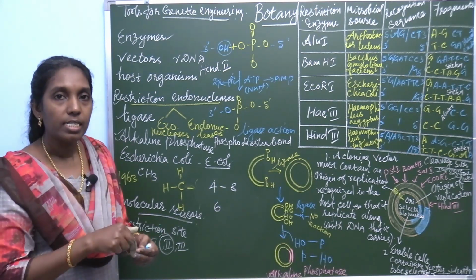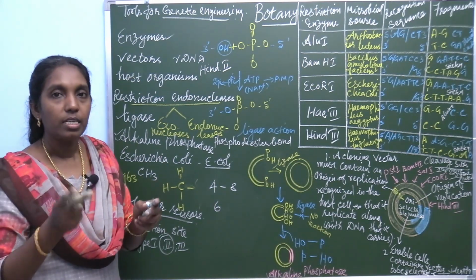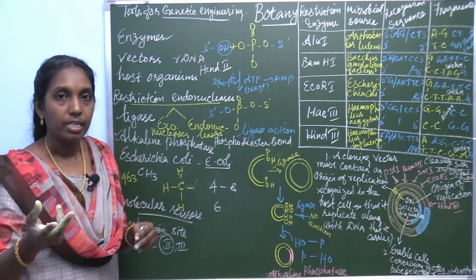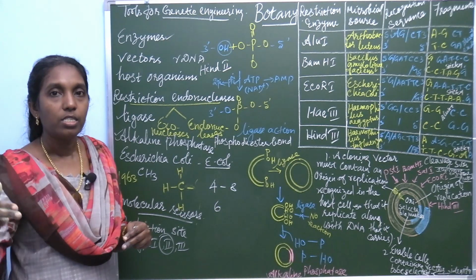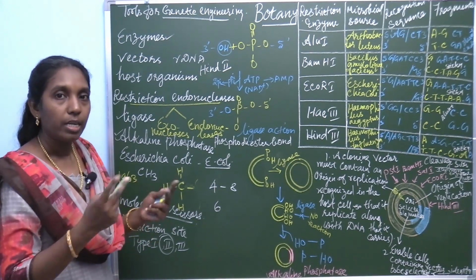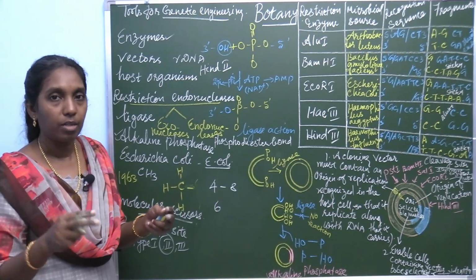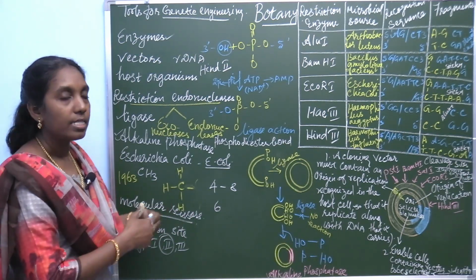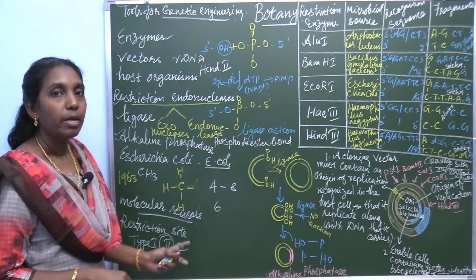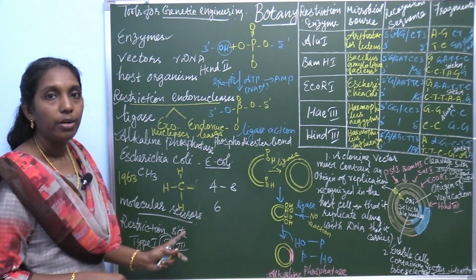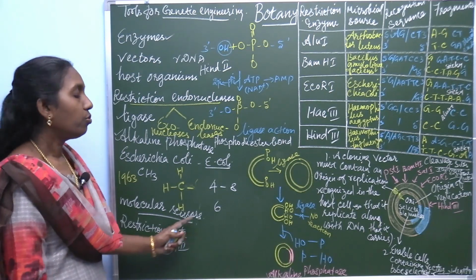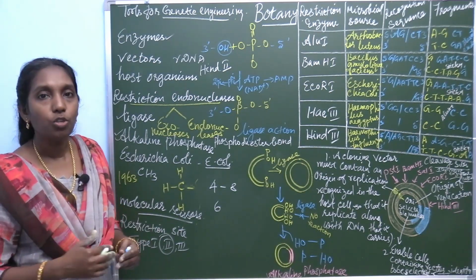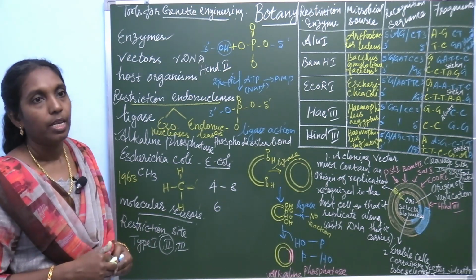By the use of this enzyme, the plasmid as well as the desirable gene fragment selected from the isolated organism can be cut open. So, both can be cut open, the plasmid as well as the foreign DNA sequence, and it is inserted inside the vector by means of restriction endonucleases.